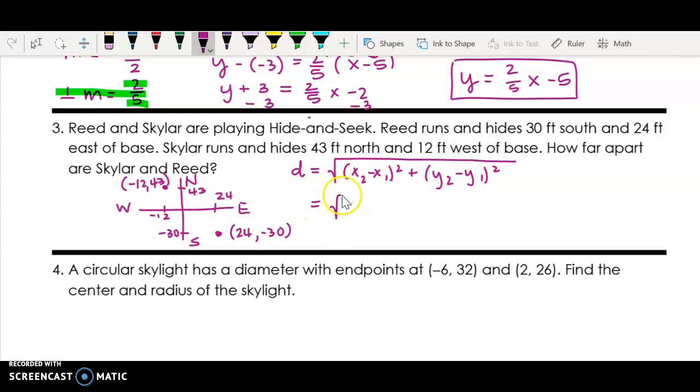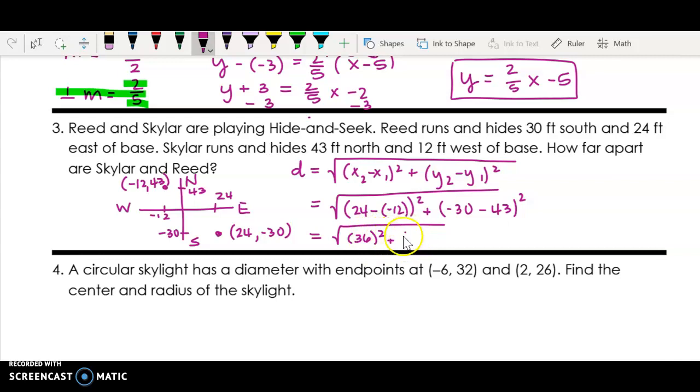So we'll go ahead and substitute our values into this formula. So we'll have 24 minus negative 12, and then negative 30 minus 43, quantity squared, and we'll subtract those first and then square, so that gives us 36 squared plus negative 73 squared.